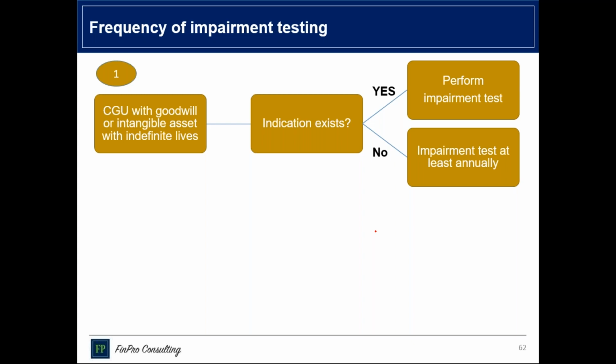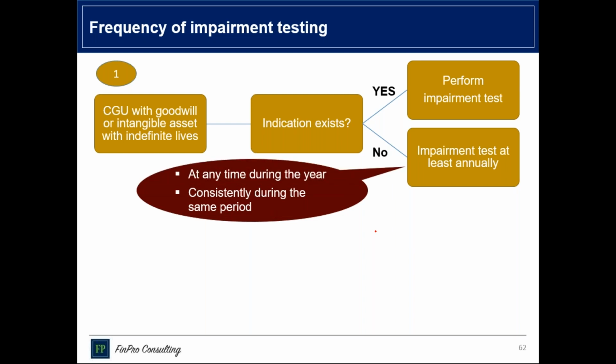There is no specific time frame given. It could be year end, it could be the middle of the year, but it has to be on a consistent basis. So let's say if you are doing an impairment test at the end of 6 months, every 6 months you need to do the impairment test. It could be done at any point in the year, but consistently during the same period.